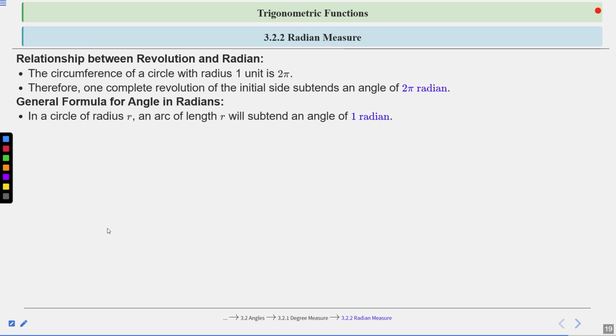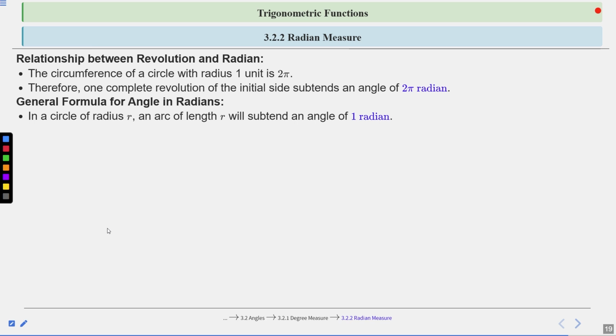So what is the definition of 1 radian for any radius circle? If you have a circle with radius r, and you are on its circumference, you are no longer considering your unit circle.